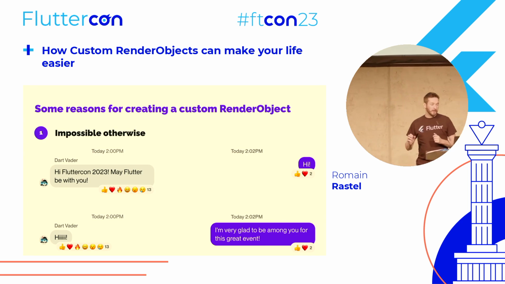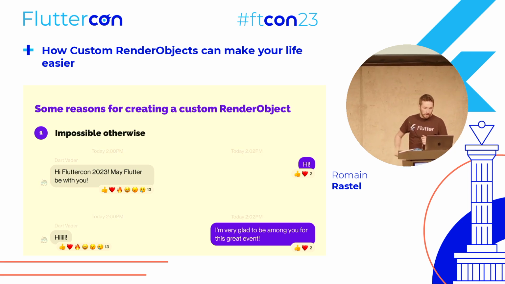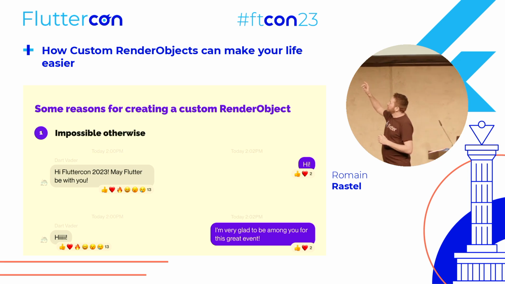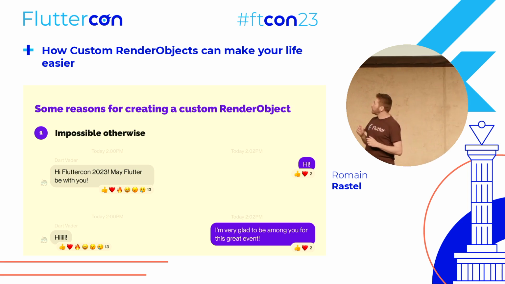So let's look at this component. It's a part of the chat view we have in our application. Let's focus on this kind of stack here. In the back, we have the content of the message, and above it, we have what I call a reaction bar. It may look like a simple stack, but look here at the bottom left.